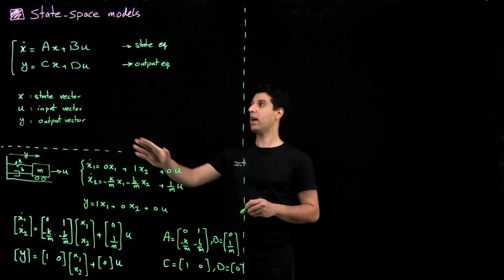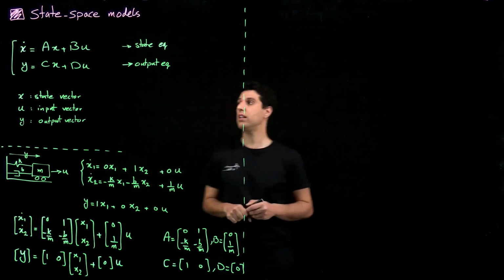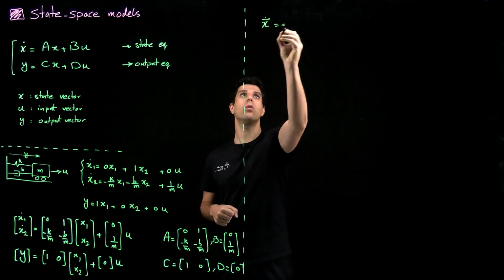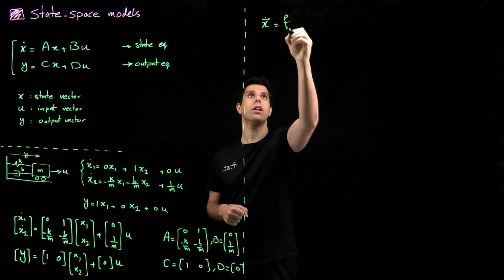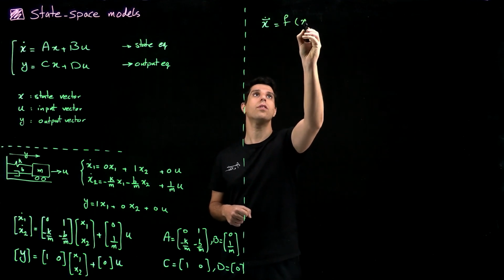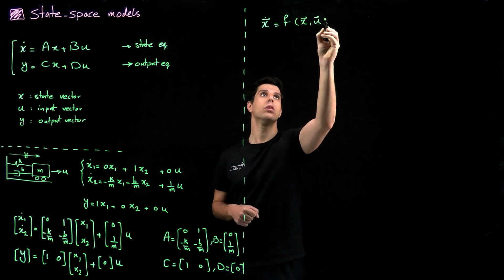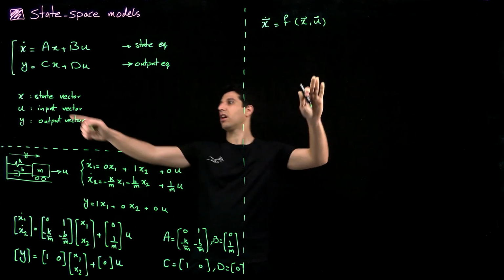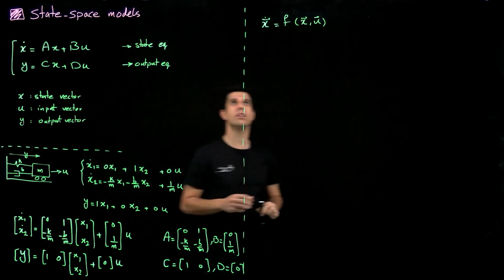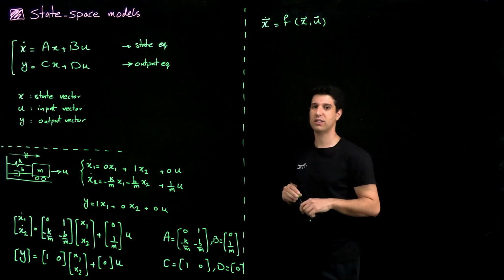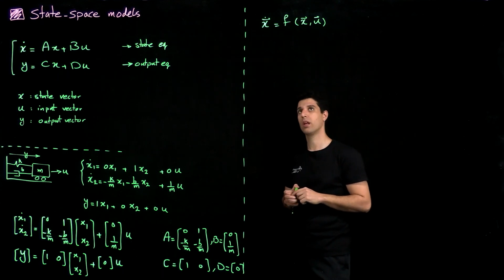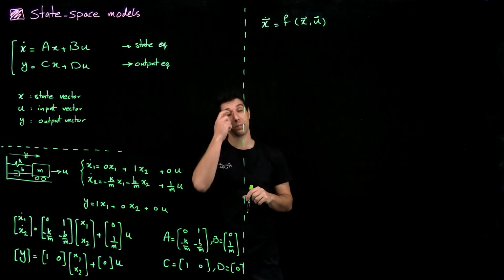Assume that I have, even in its general form, x dot in its vector form equals some f, a number of functions that are functions of x and u. And by the way, before I continue, I often drop the vector notations, because from the context it would be fairly obvious whether we are dealing with a scalar or a vector. But here, for me to be a little explicit, I put them.